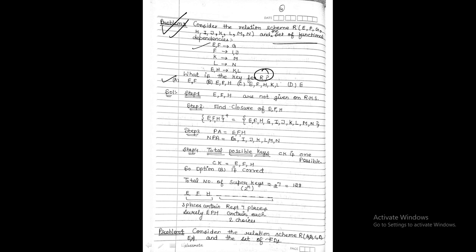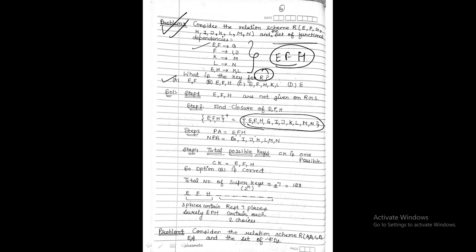First of all we have to find which attributes are not given on the right side. You can see that E, F and H, 3 attributes, are not given. So first we find the closure of EFH, and we get the original relation again.